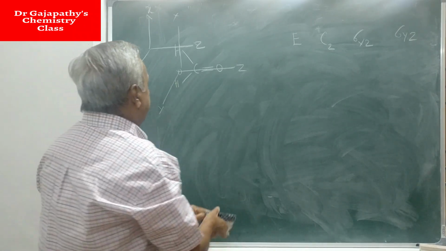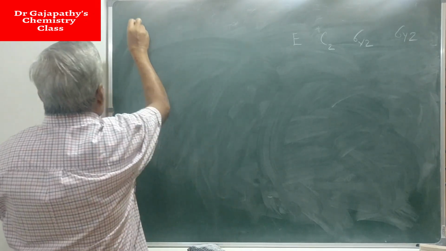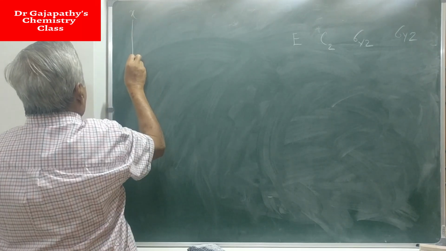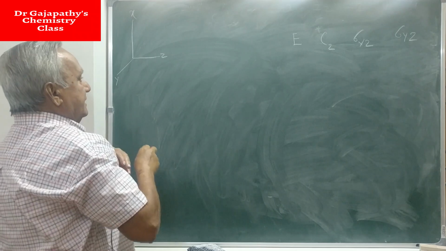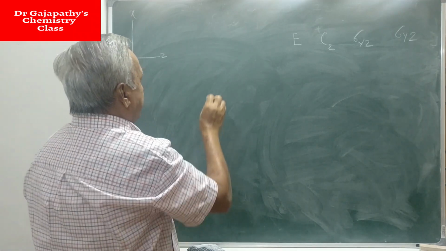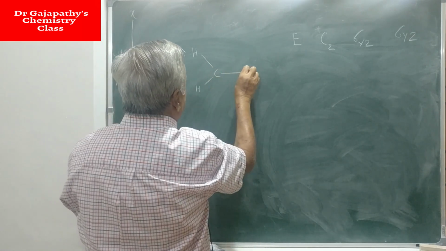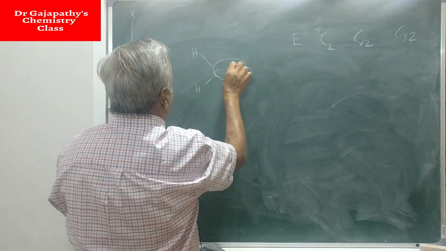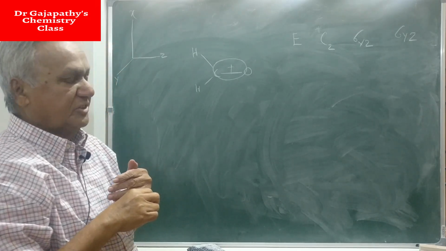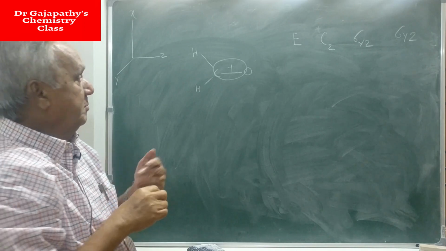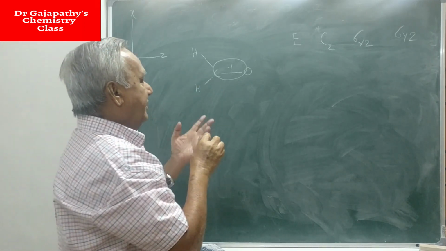Now let me sketch the sigma orbital. I said this is x, this is z, and this is y. The sigma orbital in formaldehyde is like this. This is the shape of the sigma orbital. Let me perform all the operations on this molecule. Identity, nothing happens.